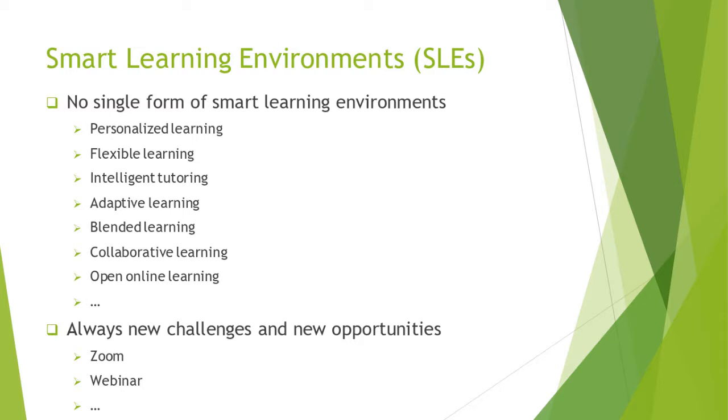Well, this one is quite obvious, so I will not provide a definition here. Adaptive learning is to provide customized learning based on learners' learning progress and their learning path through just-in-time feedback. Blended learning is to combine face-to-face learning and online learning to maximize students' learning by using educational technologies.